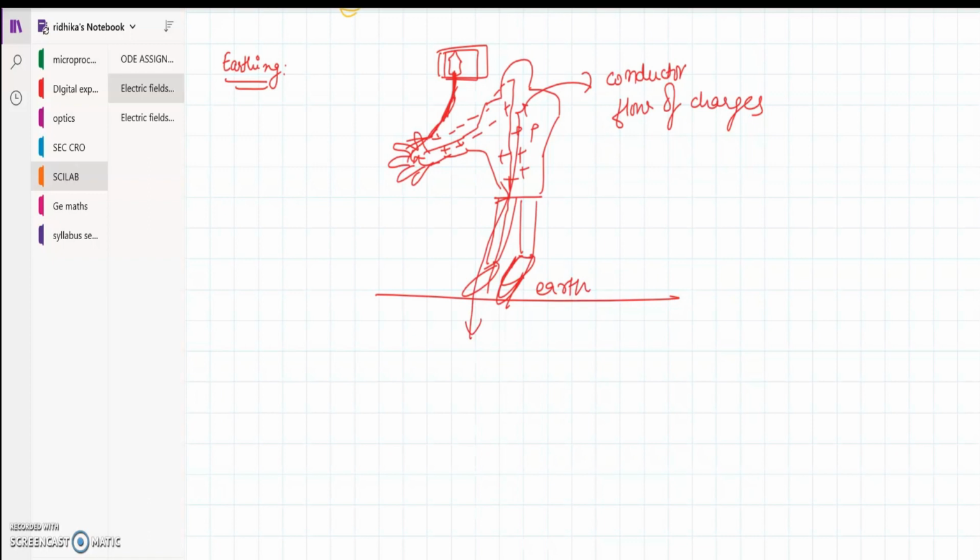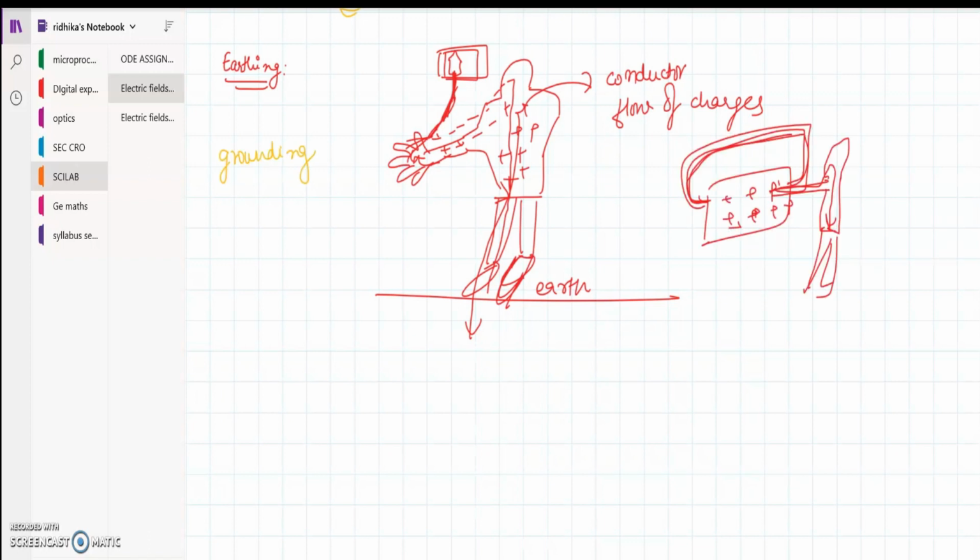And this concept is somewhere related to earthing. What is an interesting fact about it? Most of us do not know it, maybe some of us know it. In our homes, the electric wiring has 3 wires inside it.